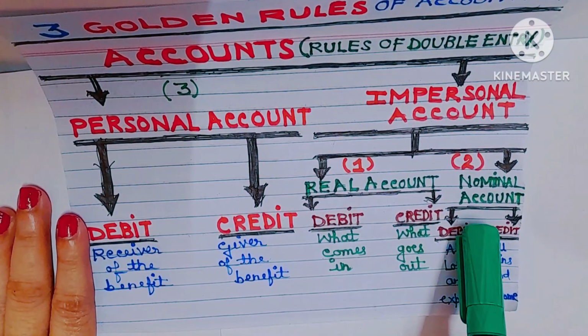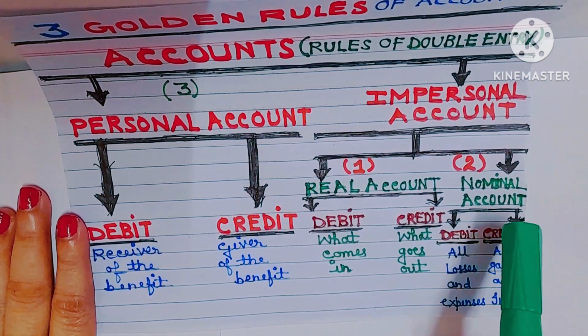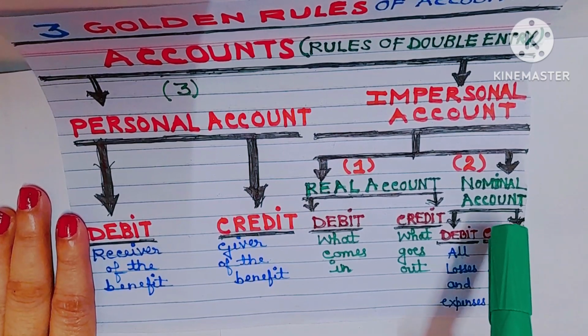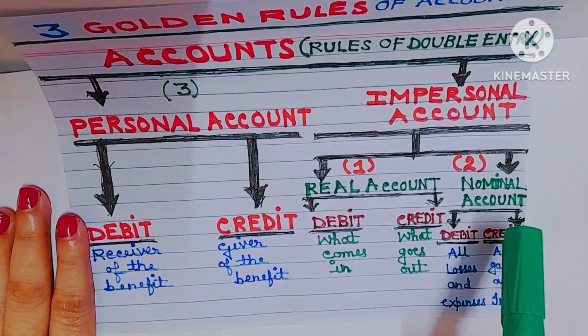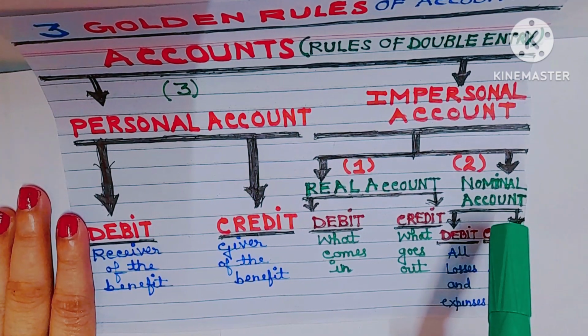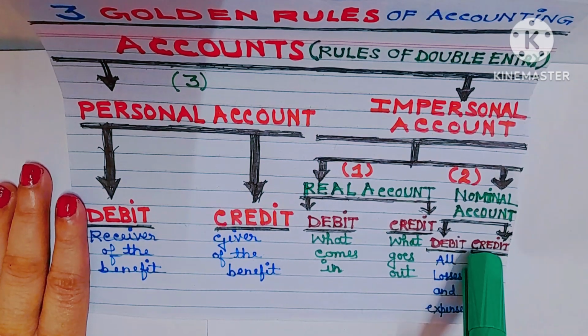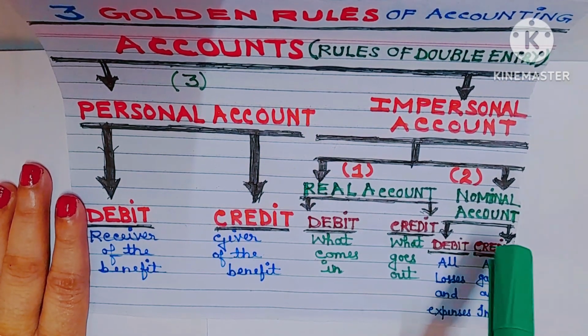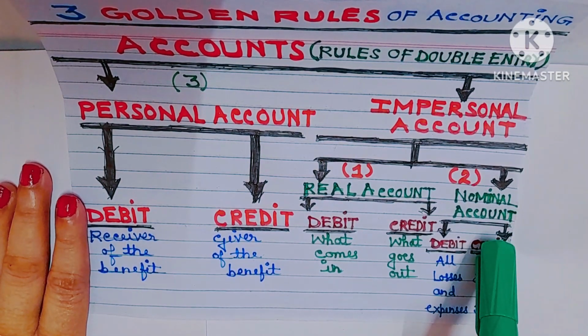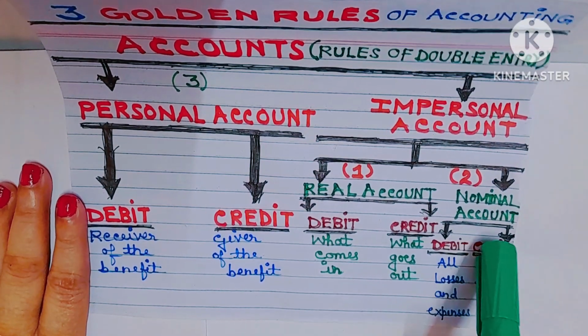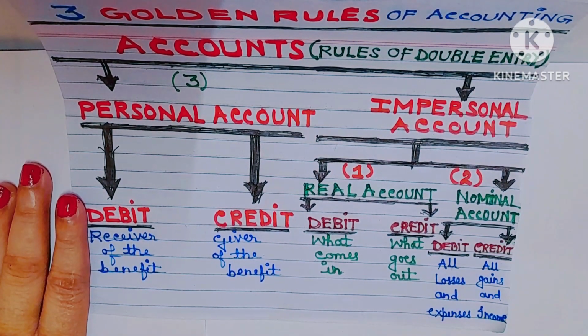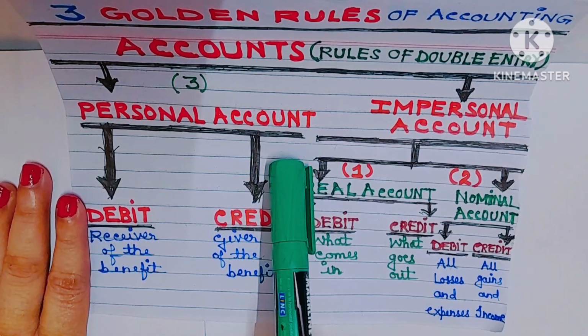What is a nominal account? A nominal account is an account related and associated with losses, expenses, incomes or gains. Okay? Examples of nominal account are depreciation, repairs, salary paid, salary received, wages paid, etc. What is a personal account?